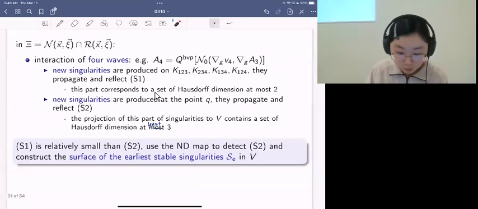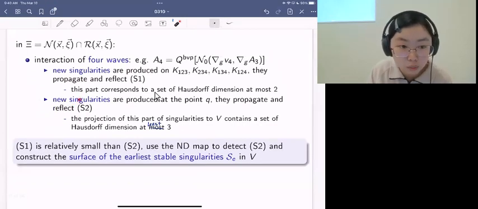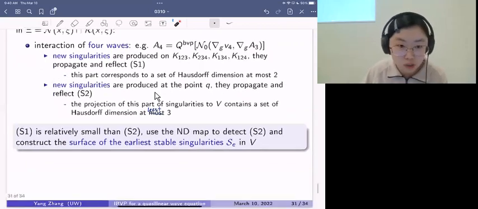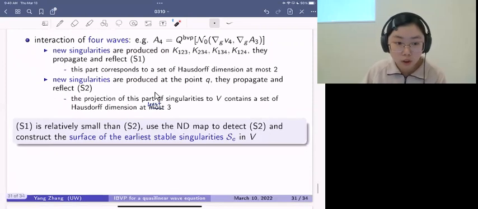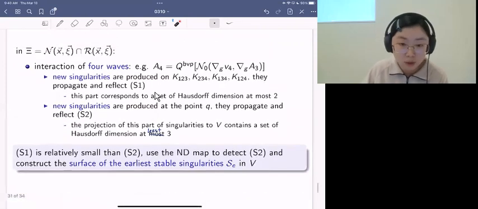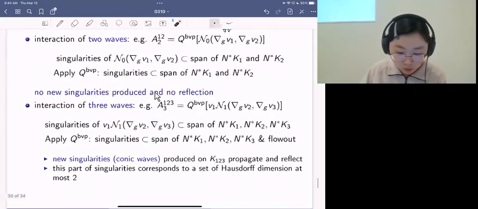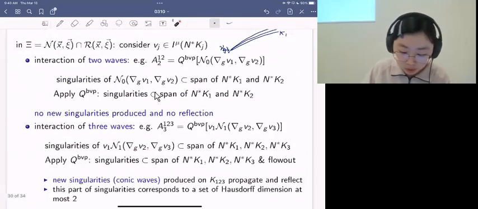So we can use the second part of singularities to construct the surface of the earliest stable singularities, and then we can construct the earliest light observation set for each point. After we have determined the metric g, one can look at the third order linearization and also the second order linearization.